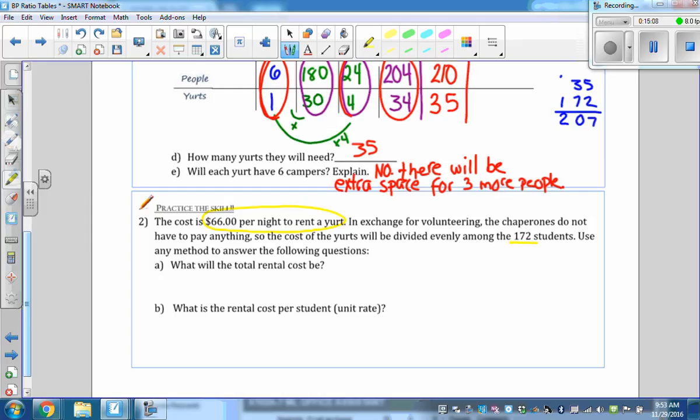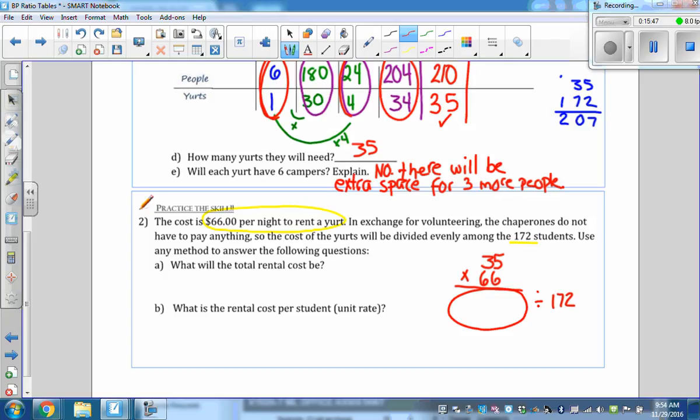You're just using any method. So you have to think about how many people, if it's $66 per night to rent a whole yurt, and we have 35 yurts, we're going to have to take the 35 yurts, and multiply by $66. And then you have to take that answer and divide it by 172.